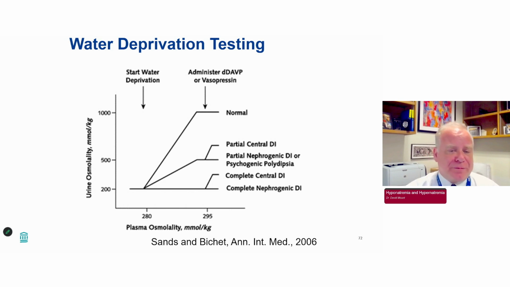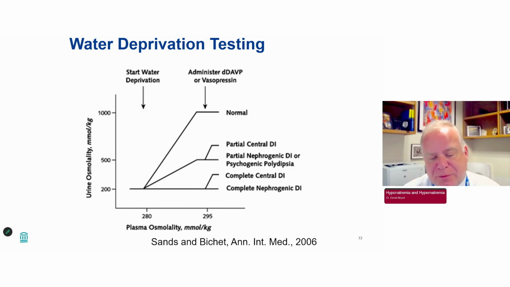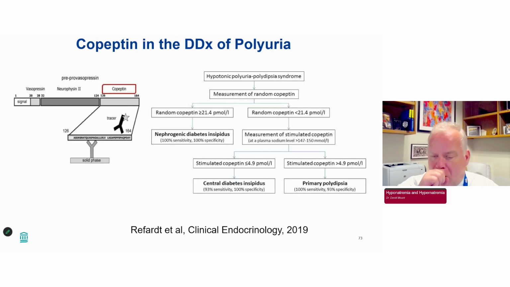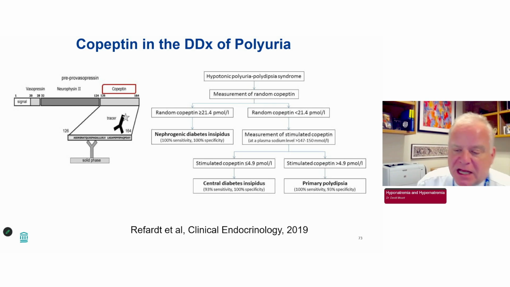If you do a water deprivation test, and I still occasionally do this, as you deprive the patient of water very carefully with careful monitoring, you'll give vasopressin to look at the response, and you can subdivide it into partial central or nephrogenic DIs. Again, copeptin has become very important.